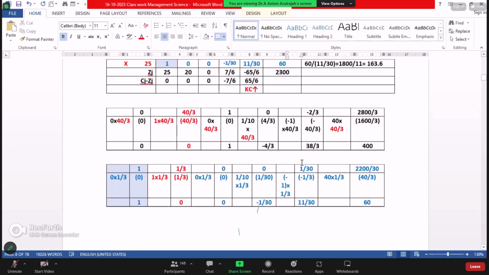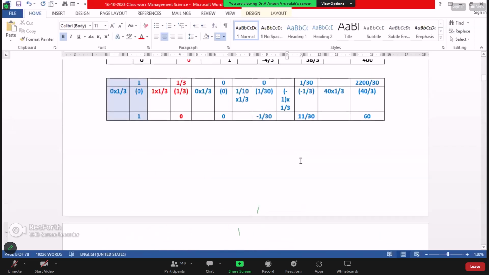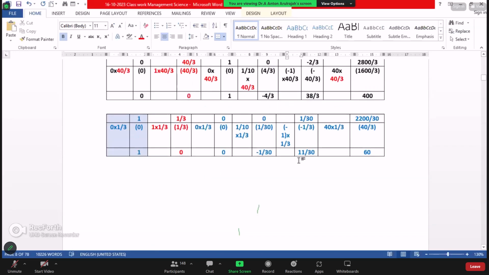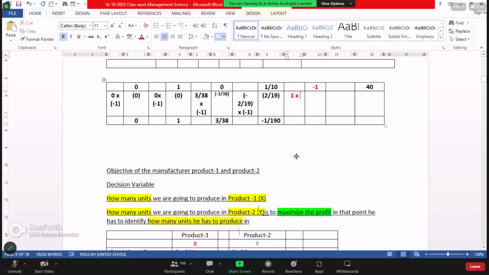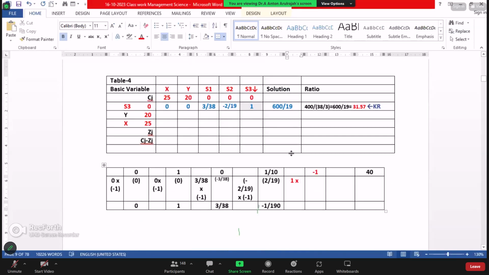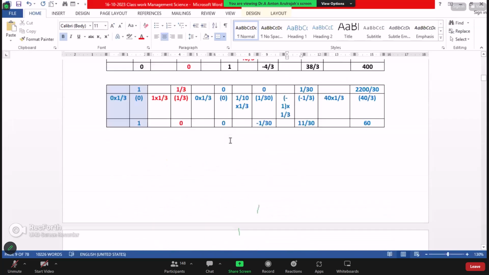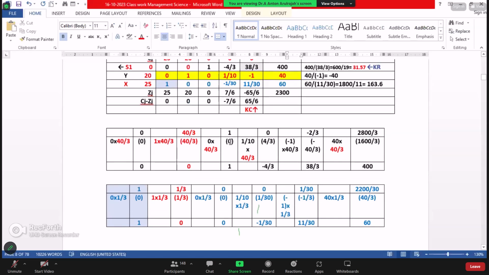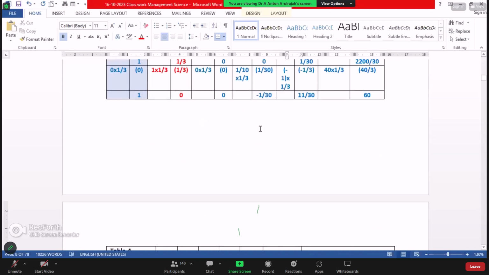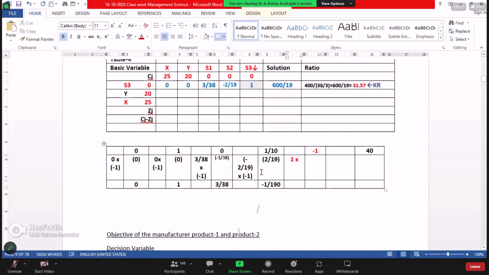Is it correct, what we are doing? Securely. Okay. Then 0 is okay.